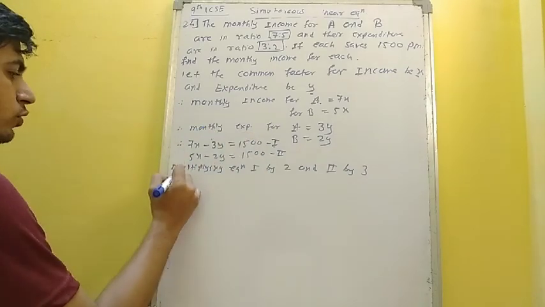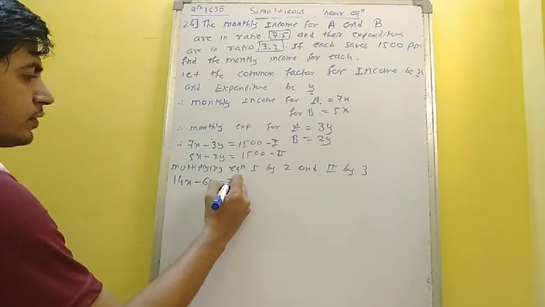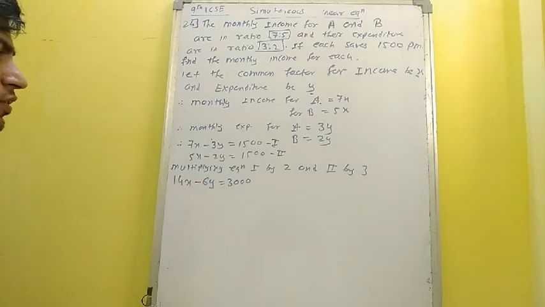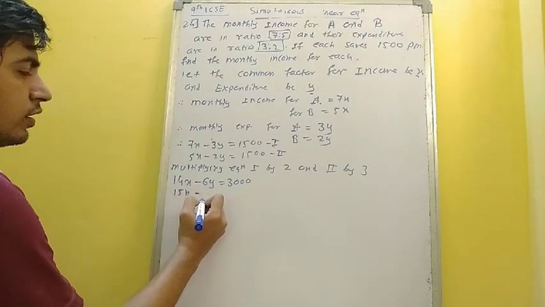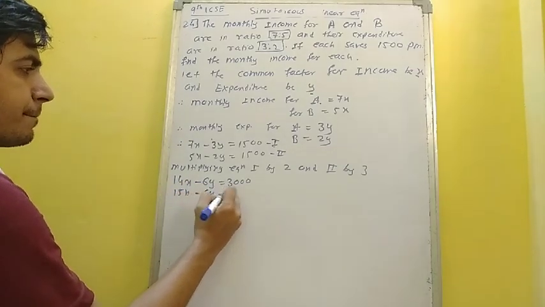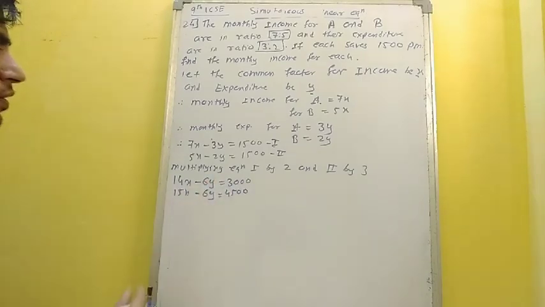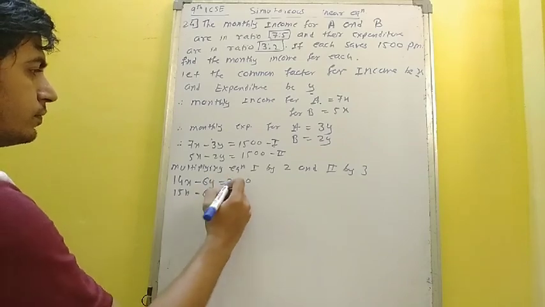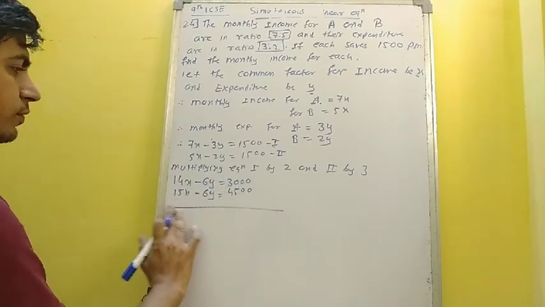So 1 by 2, it is 14x minus 6y equals 3000. And this by 3, so 15x minus 6y, and 15 3s are 45, so 4500. So we can subtract it now.